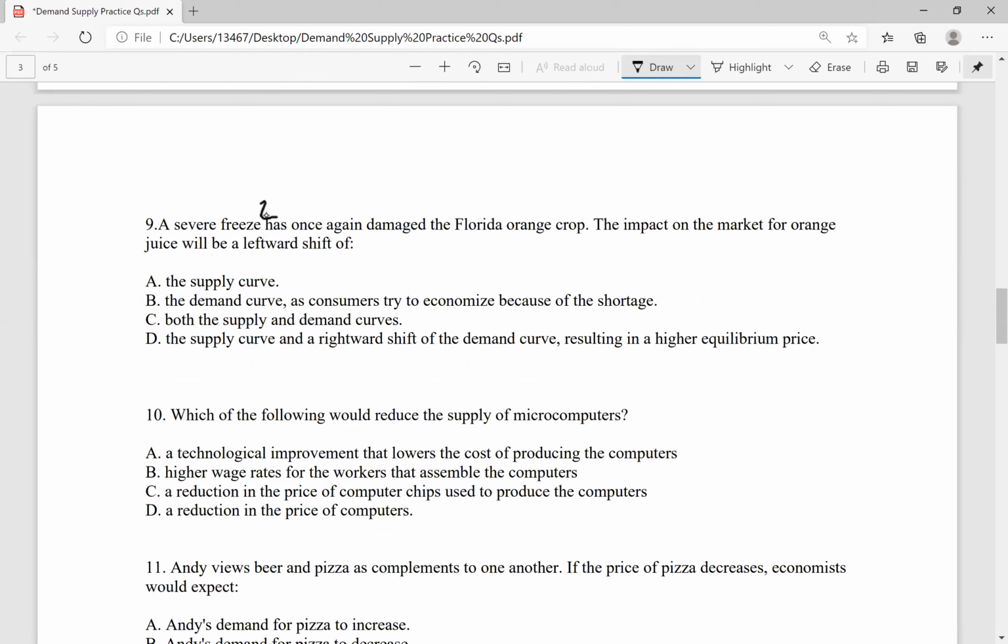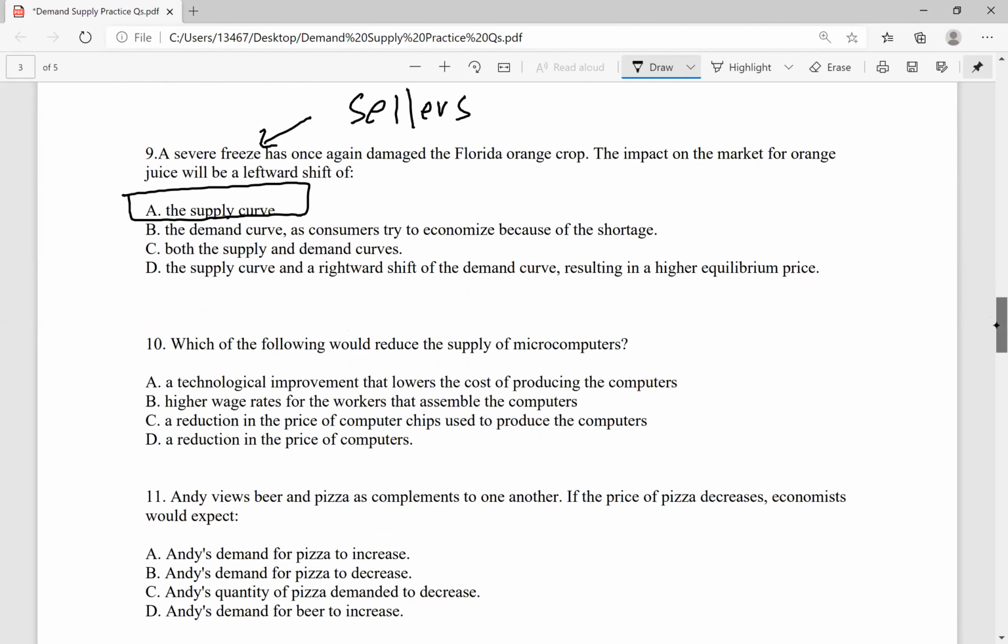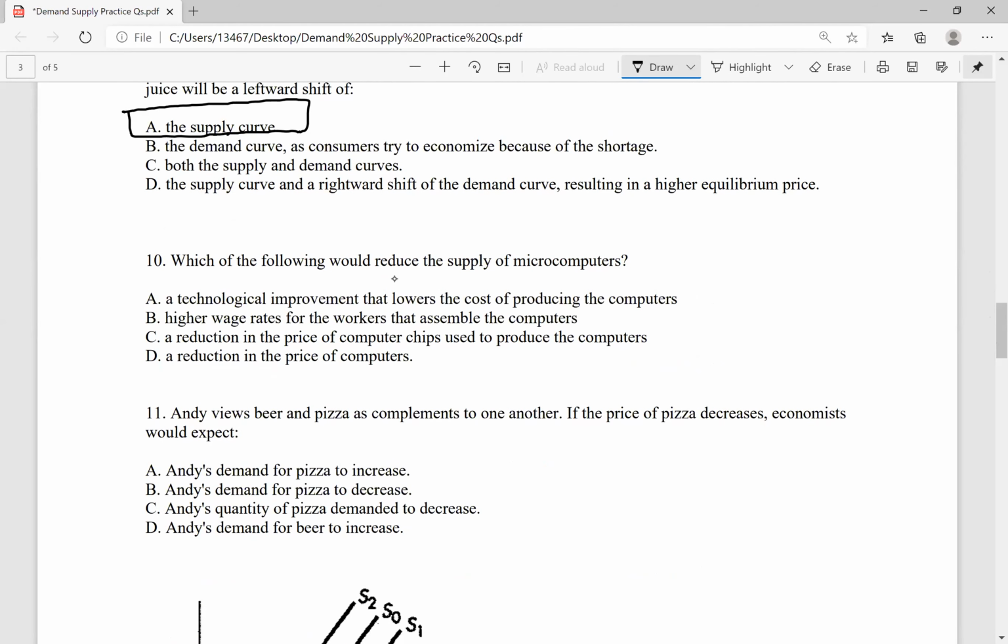Here we are looking at this from the seller's or the manufacturer's point of view. Over here, the supply curve will shift to the left. Next one, what would reduce the supply of microcomputers?